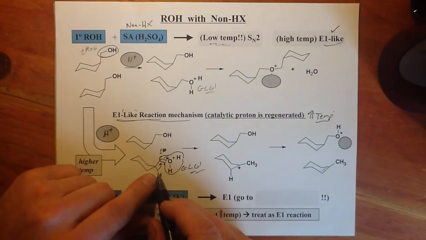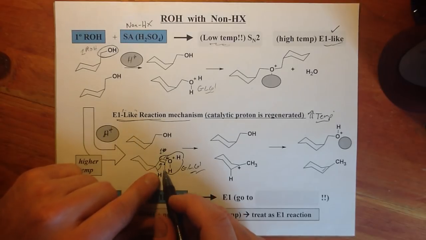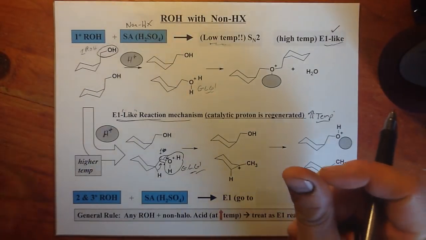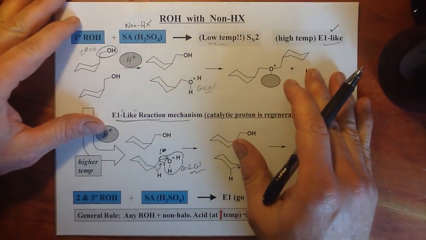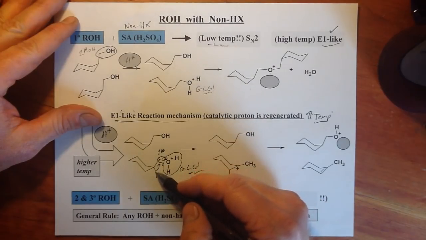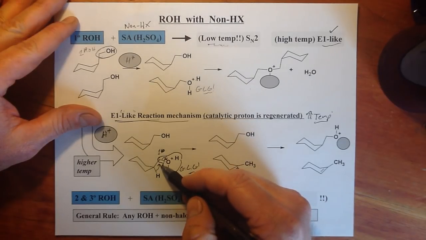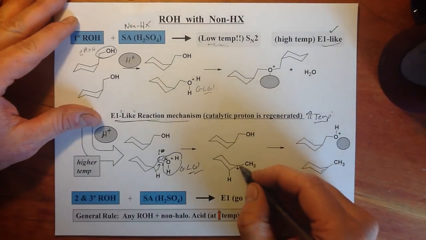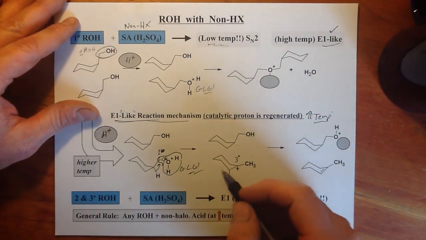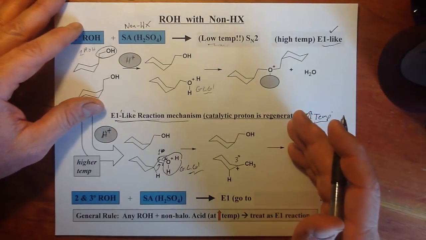The hydride here is sliding over as this is coming off. Now it really happens, of course, at the same time, but if you need to, you can consider this water to come off first. The primary carbocation would then be satisfied by a hydride shift, and we'd have shifted to a tertiary position. That's the E1-like part of this reaction.